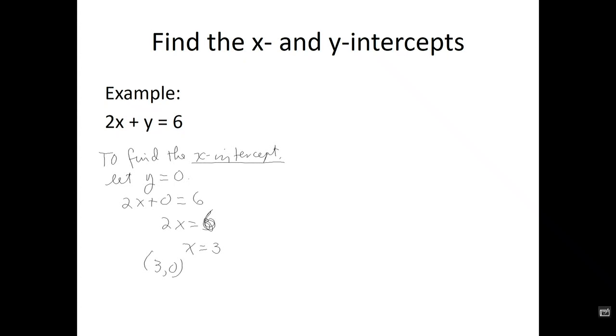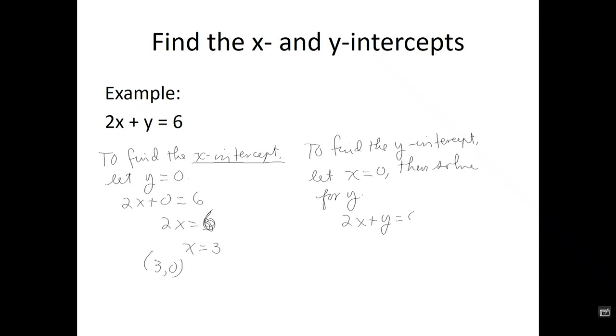To find the y-intercept, let x be 0 and then solve for y. So in the equation, 2x plus y is equal to 6.